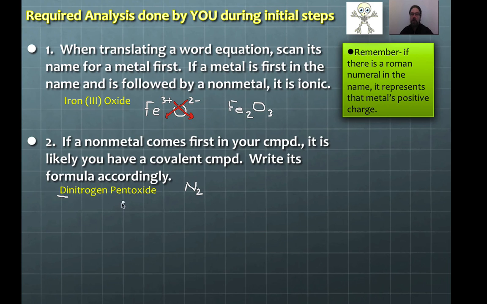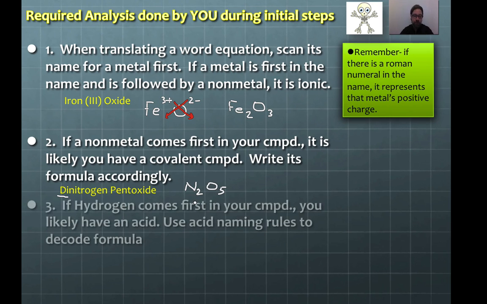And pent, if you remember that prefix, represents the number 5. So it's pentoxide, which represents oxygen, so I have an O, and I'm going to put a 5 behind it. So N2O5. This way of writing formulas is very easy as long as you've memorized those prefixes for covalent compounds. If you haven't, it won't take long. Go back and review that before you start balancing equations.